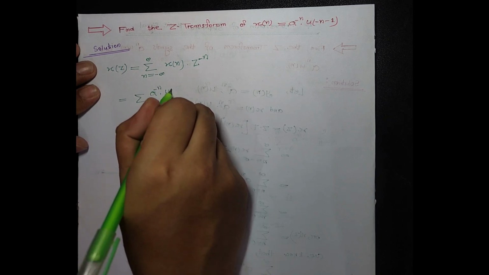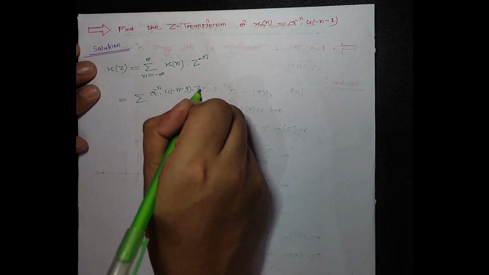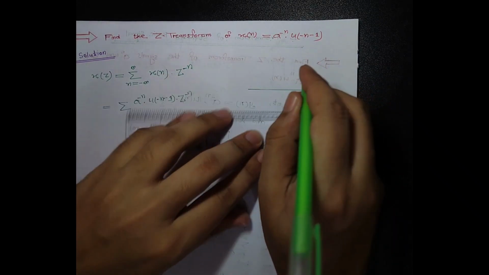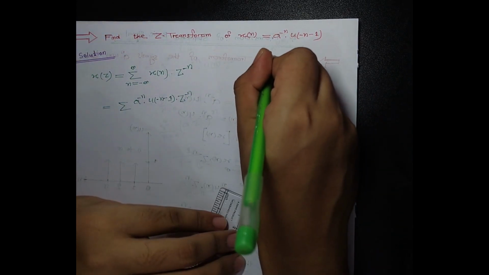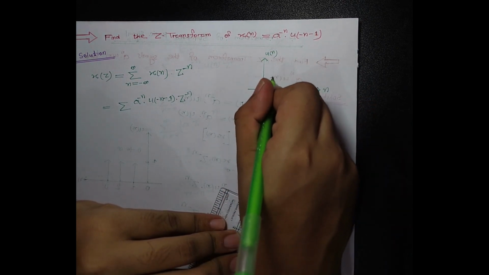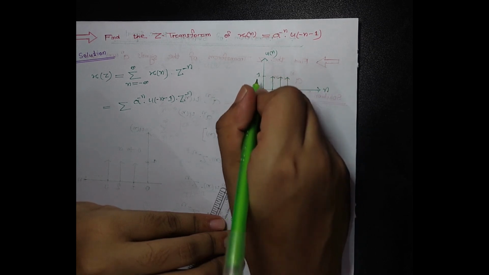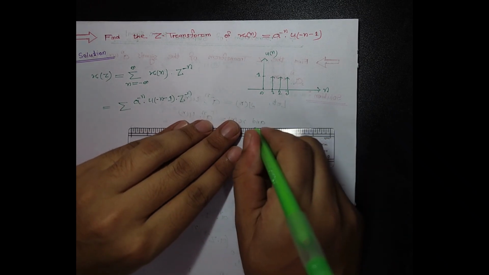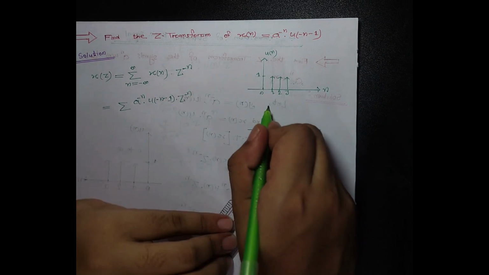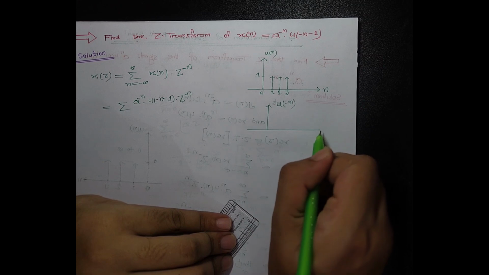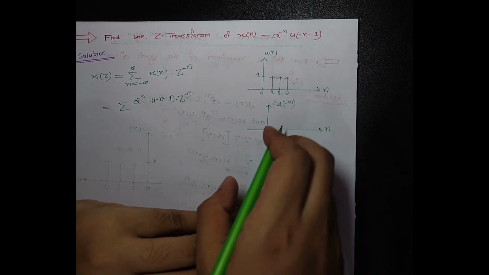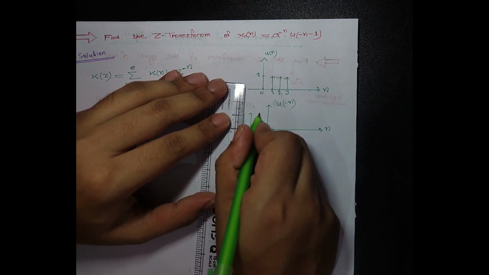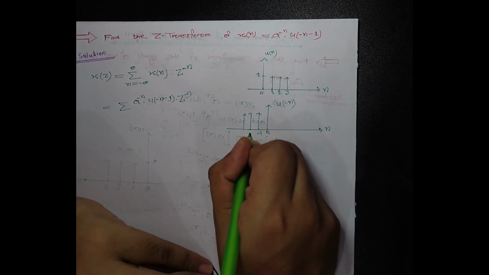a to the power minus n. Here you can write the unit step signal. And u of minus n is minus 1, minus 2.